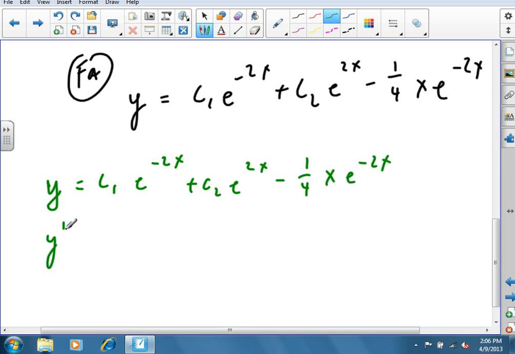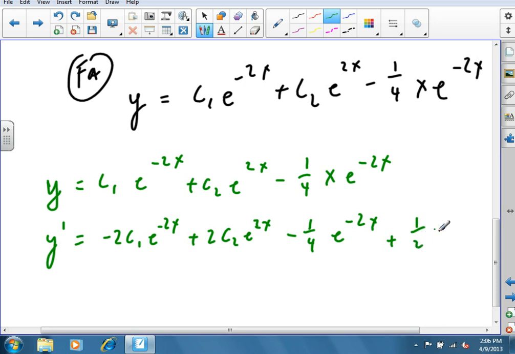Y prime is minus 2c1 e to the minus 2x plus 2c2 e to the 2x minus 1/4 e to the minus 2x plus 1/2 x e to the minus 2x. Y double prime is 4c1 e to the minus 2x plus 4c2 e to the 2x.